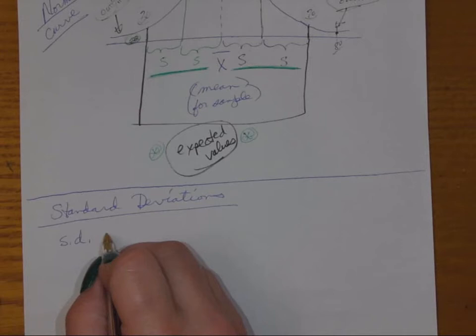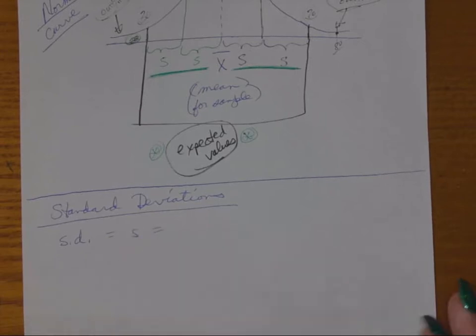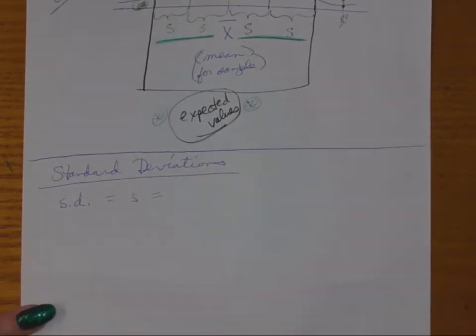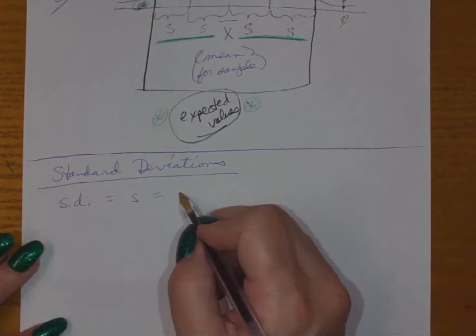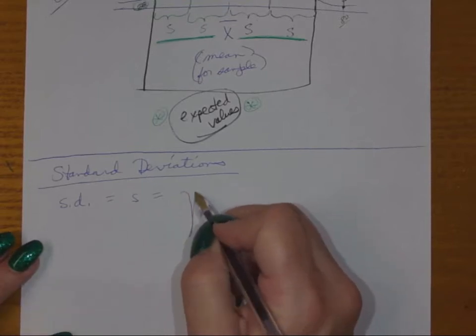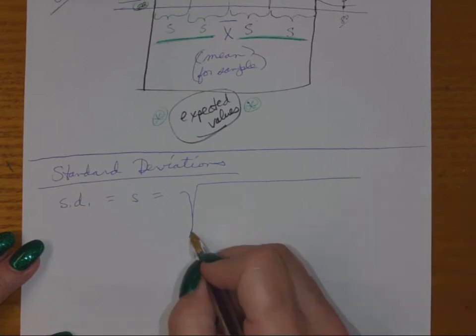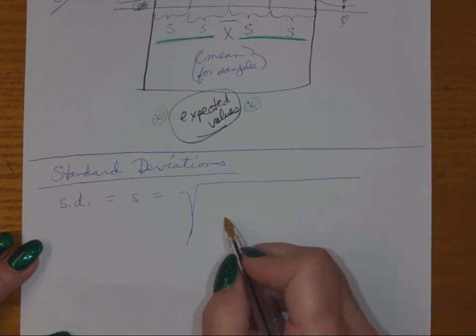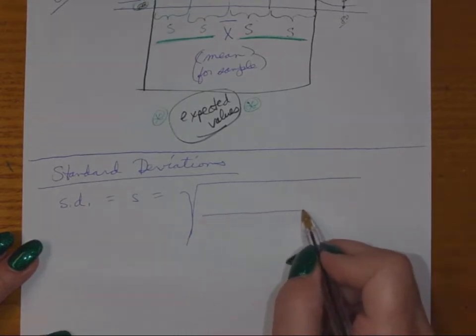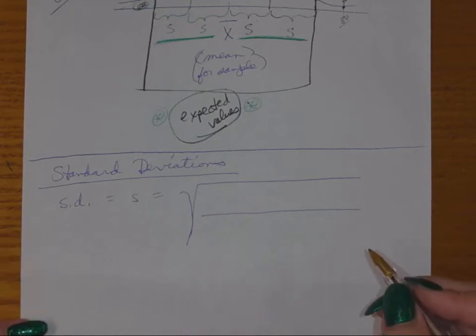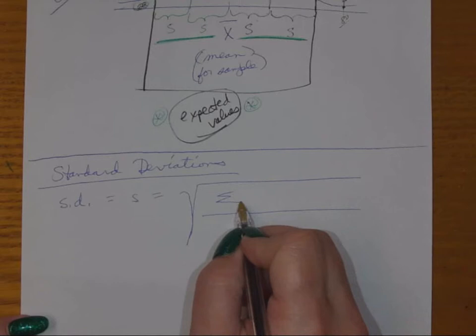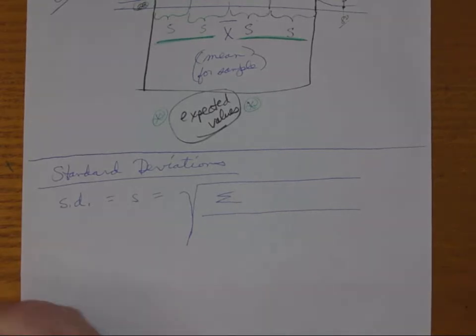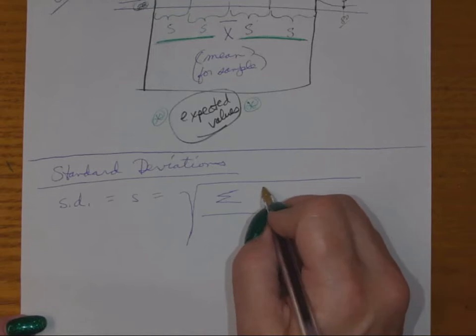Standard deviation, SD, or in a lot of books they'll just call it S, is this formula. Just write it down. I'll talk you through it in a minute. It's a huge square root. Inside of the square root, there is a huge fraction. Just go all the way across. On the top, there's a sigma sign, capital sigma, like the Greek letter. This is a math symbol. We'll talk about it in a second.